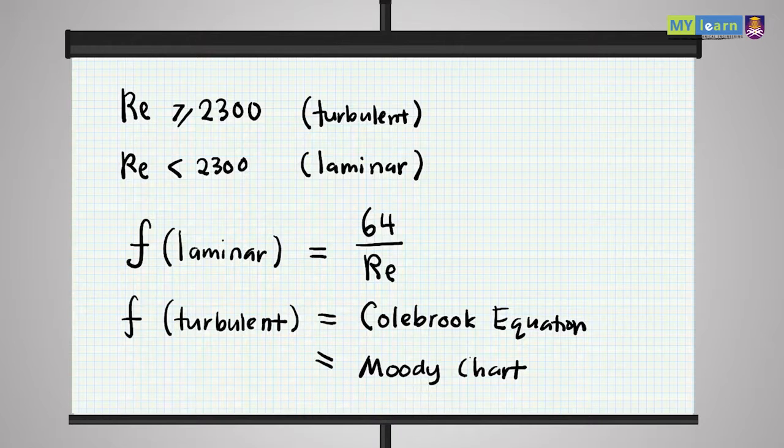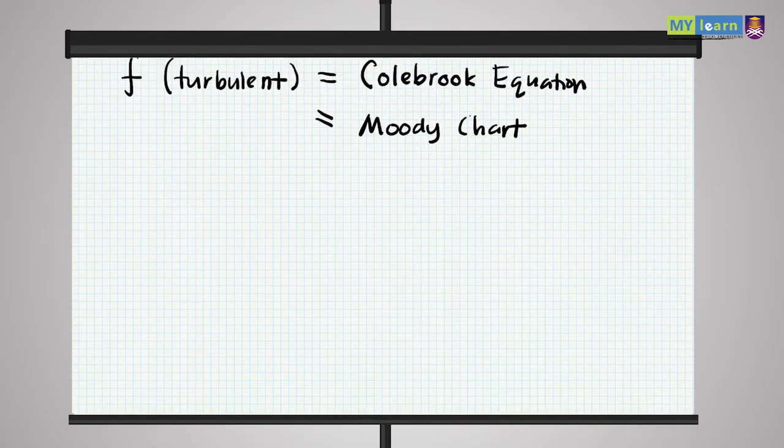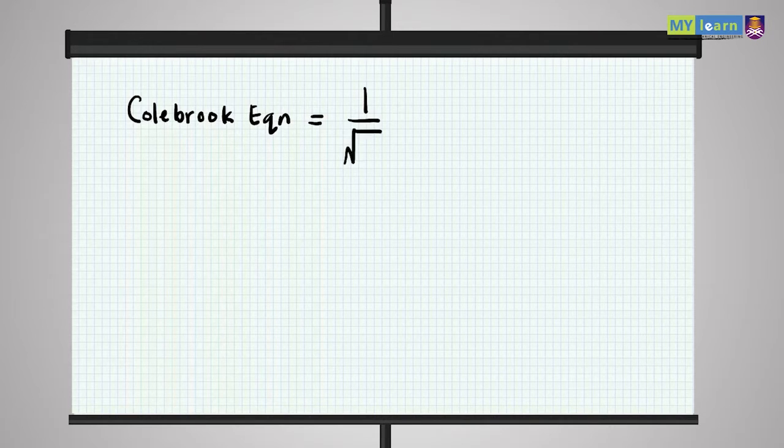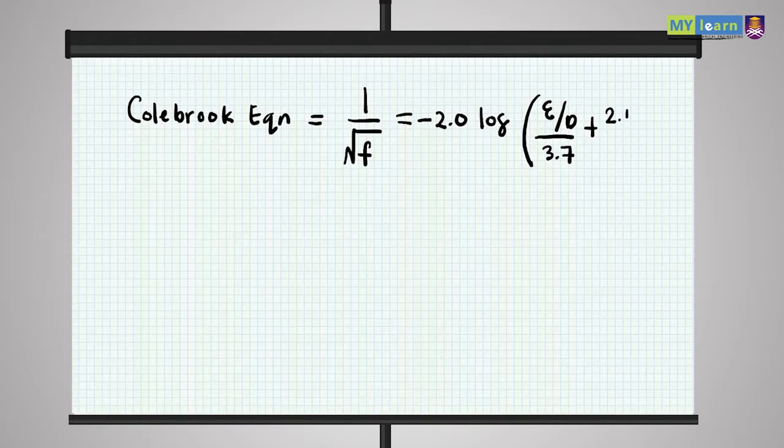But in our daily life, using the Colebrook equation will take a longer time because the equation for Colebrook is one over root F equals negative 2.0 log of epsilon over D over 3.7 plus 2.51 over Re root F. And if you check the equation, to tell the truth, even I don't remember this equation all the time.